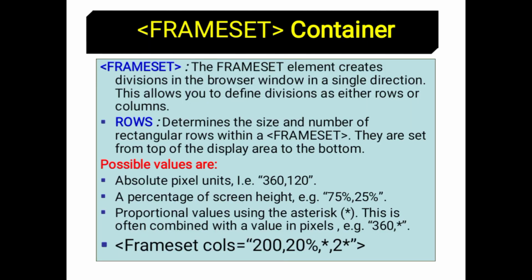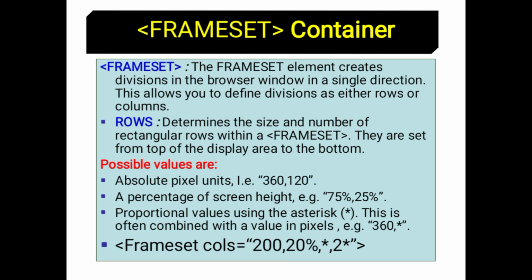The frameset container. The frameset element creates a division in the browser window in a single direction. This allows you to define divisions as either rows or columns. Rows determine the size and number of rectangular rows within a frameset. They are set from the top of the display area to the bottom.